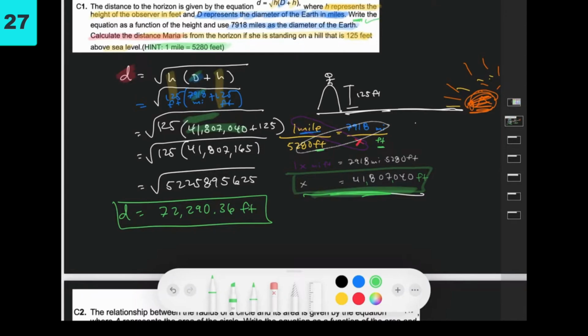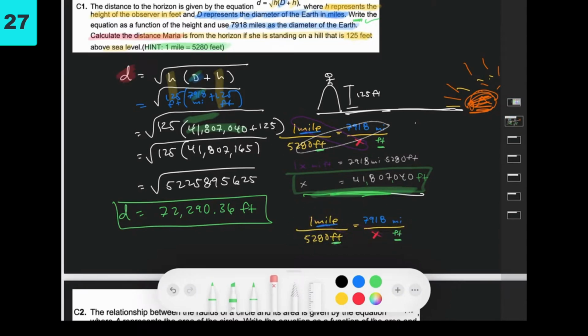Now it doesn't tell me if they want that in feet or if they want that in miles. Let me look at the answer, see what they have here. Okay, so they have both feet and miles. Let's just say you want in miles, I would just, you can use the same conversion. Erase things you don't want.